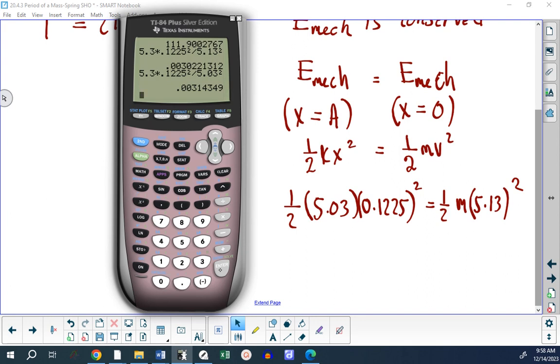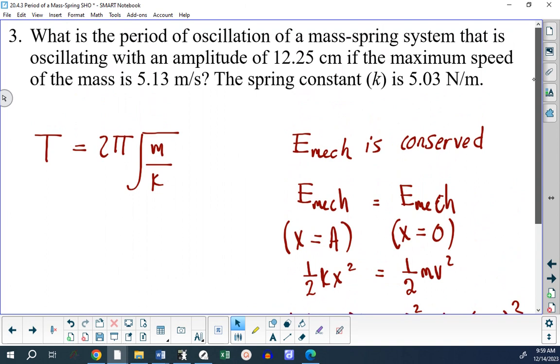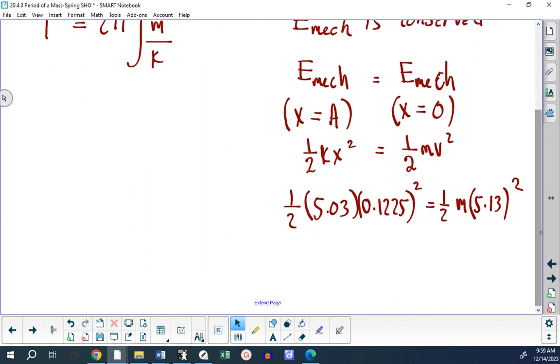Oh, I see, gotcha. I'm with you. I missed a 0 here. So this is 5.03. So what I have written on the board is correct. My fingers are just fumbling around on the calculator. And this is 5.13. Is that right? Wow, I didn't even notice those numbers were so close together. They are. Okay.